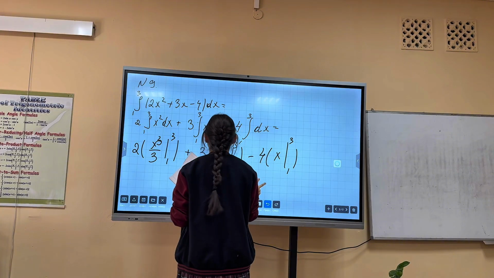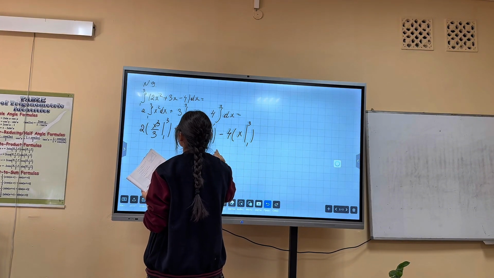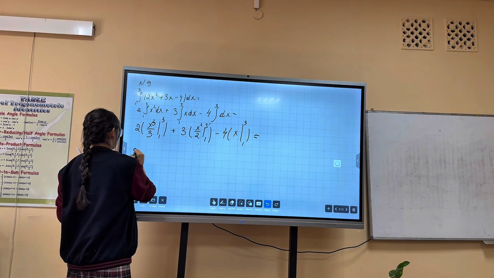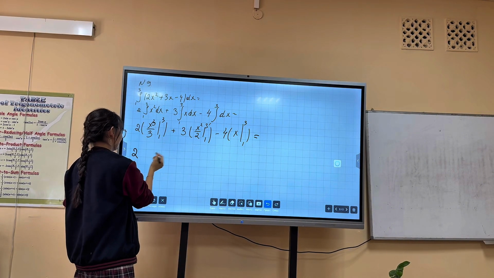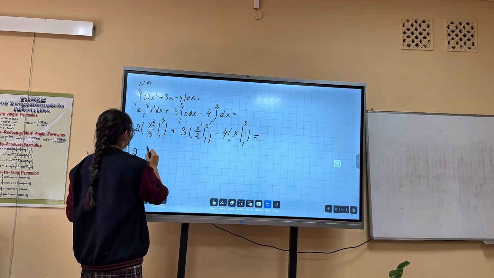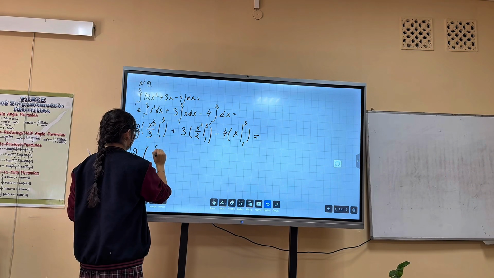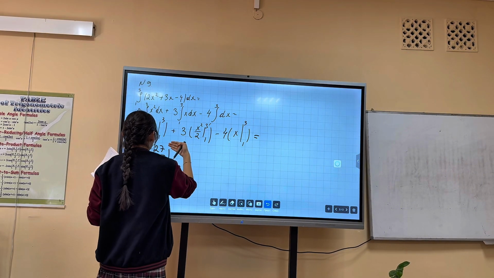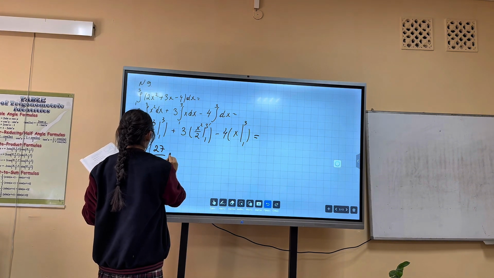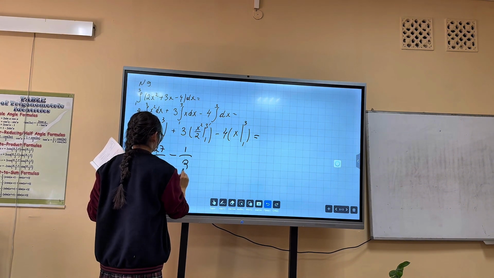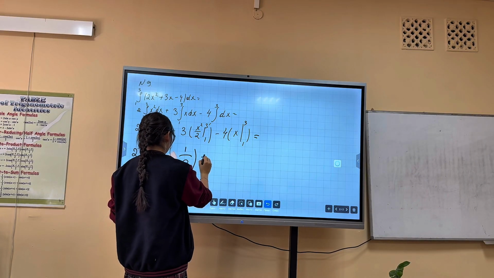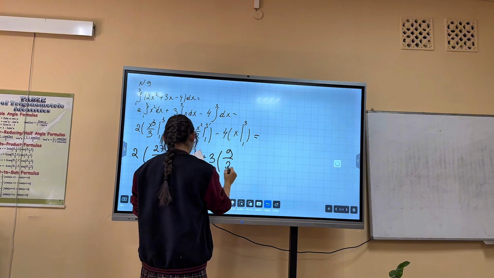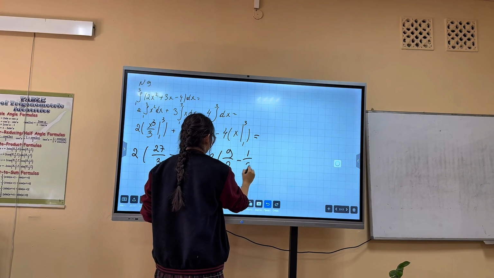Then we put the 3 in for x, we have 27 divided by 3, and we subtract 1 minus 1 divided by 3. Then plus 3 times 9 divided by 2, and subtract 1 divided by 2.